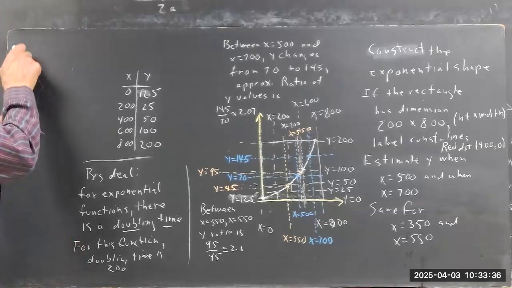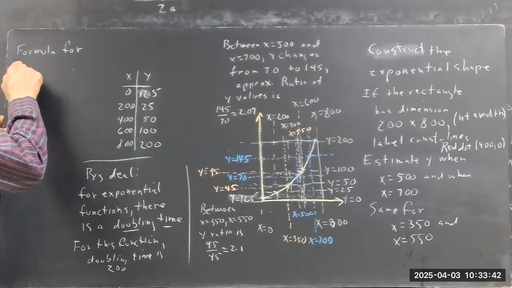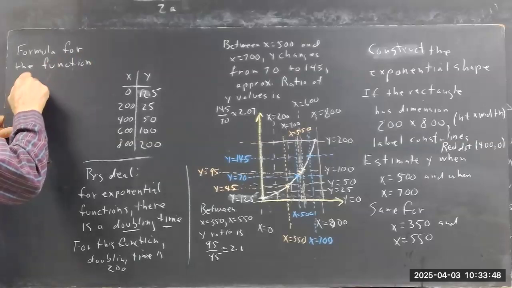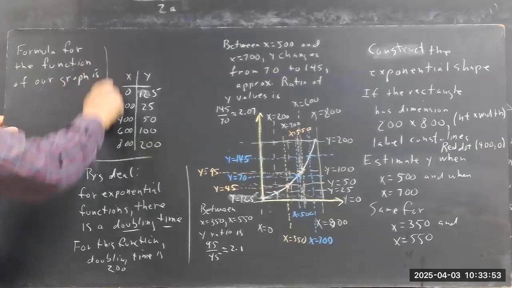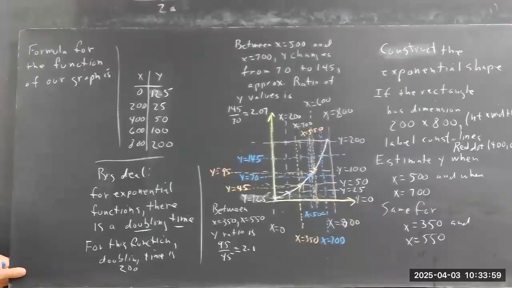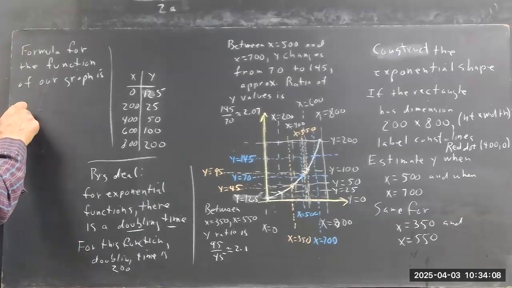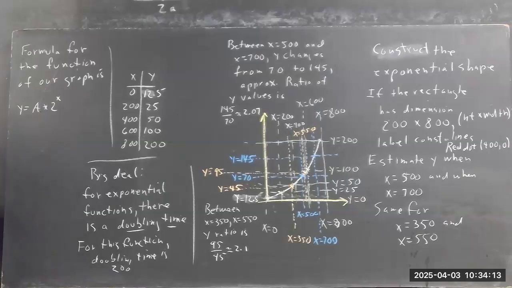Now the formula for this function. I won't detail how I get that formula, but it's just basically from the whole idea of transformation. I'm going to use 2 as the base for our exponential function.